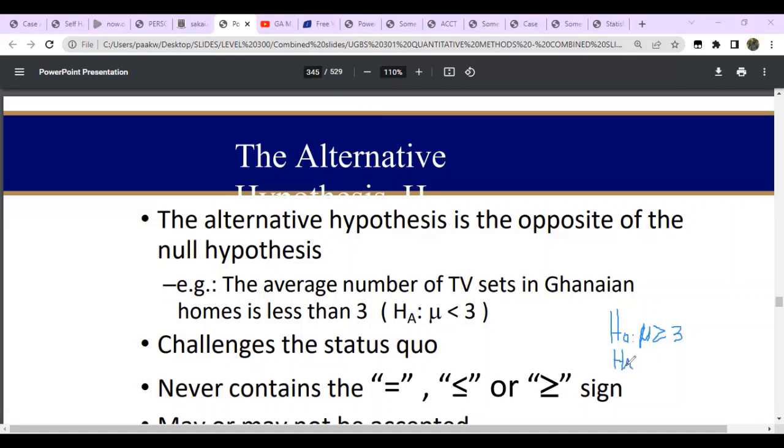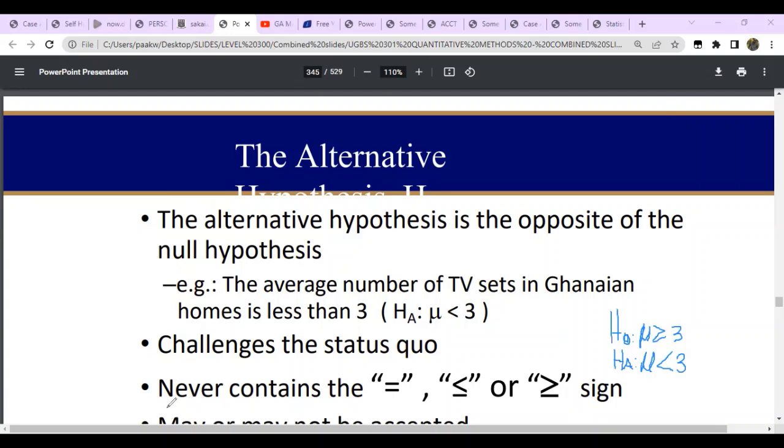Then the alternate hypothesis is represented as HA. The null is H0, this one is HA. We are saying it challenges the status quo, or the null hypothesis. So if the null hypothesis is saying at least 3, then the alternate will be less than 3, because it is challenging the null hypothesis.